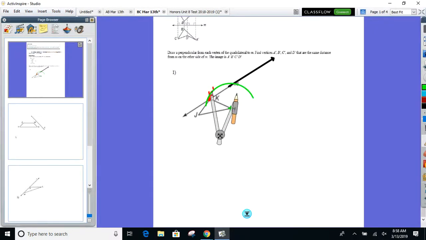Okay, so go to 1 point of intersection on line M and make another arc right above it. Doesn't have to be too huge. And then travel over to the other intersection point on M and make another arc, but make sure these last 2 intersect.